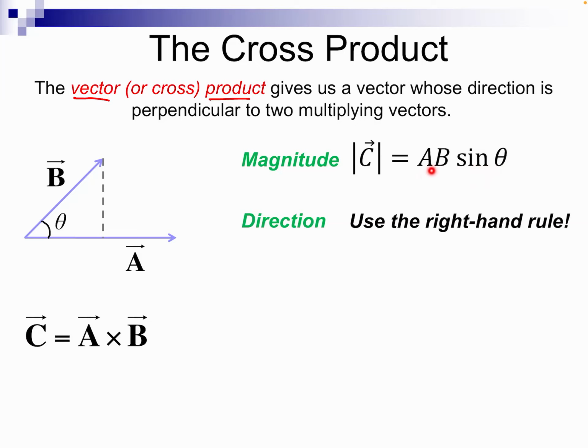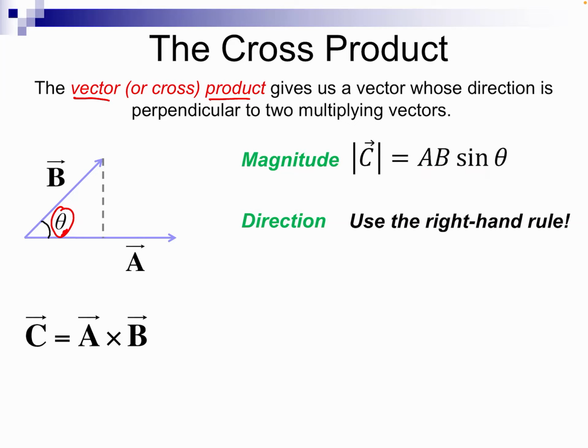That will be the magnitude of A times the magnitude of B times sine theta, where theta is the angle between the two vectors being crossed. So to find magnitudes, simply use AB sine theta.